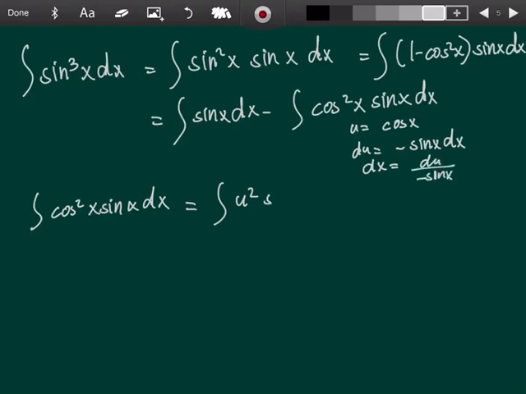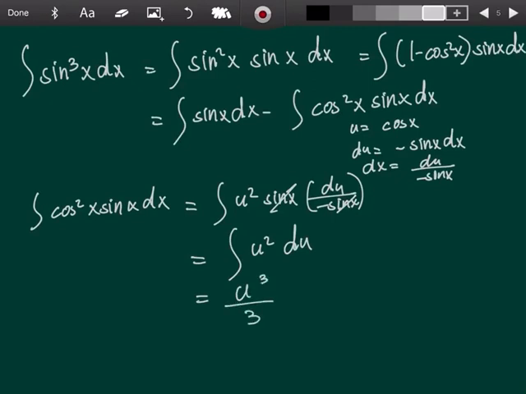Sine x times du over negative sine x, the sine x cancels, leaving negative the integral of u squared du. The integral of u squared du is u cubed over 3, where u is cosine x, so cosine cubed x over 3.